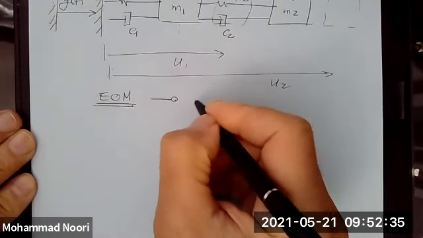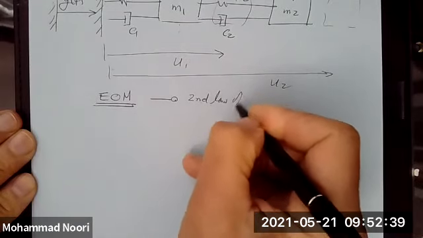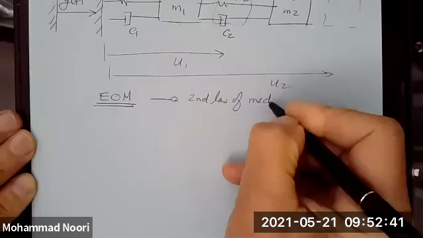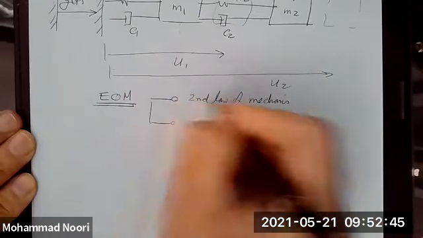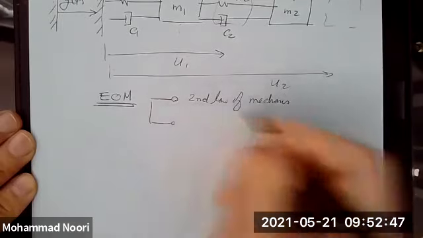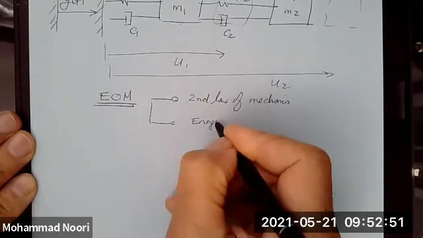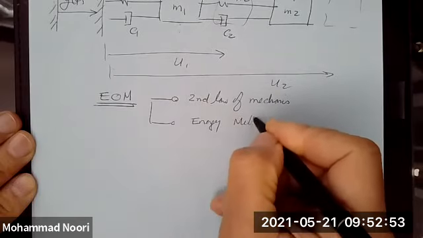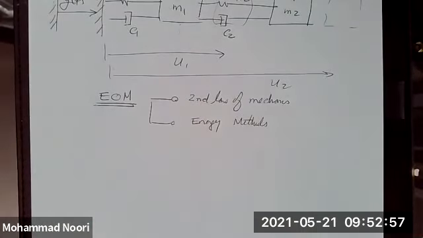One, we used the second law of mechanics, or Newton's law, right? Setting up a free body diagram and deriving the equation of motion, or energy methods. We will introduce both of them for setting up the equation of motion for a 2 degree of freedom system.